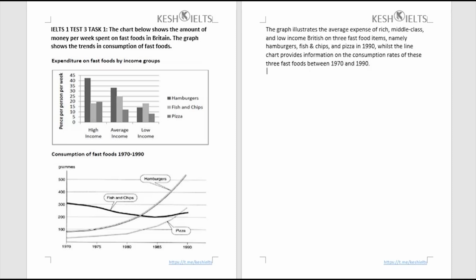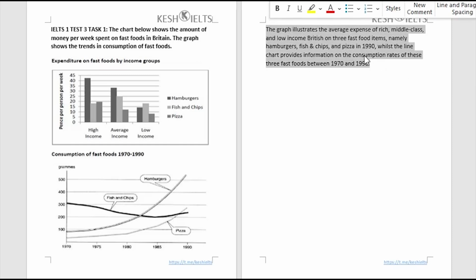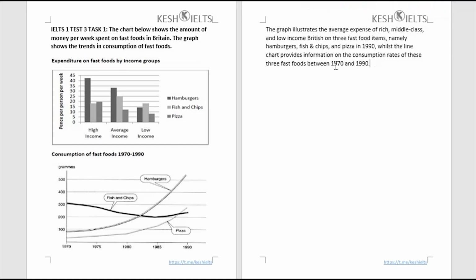Alright, so we have our introduction part ready. So here I wrote it clearly, like I paraphrased this as it required. Now I'm gonna move to overall part where I'll give an overall view for both.